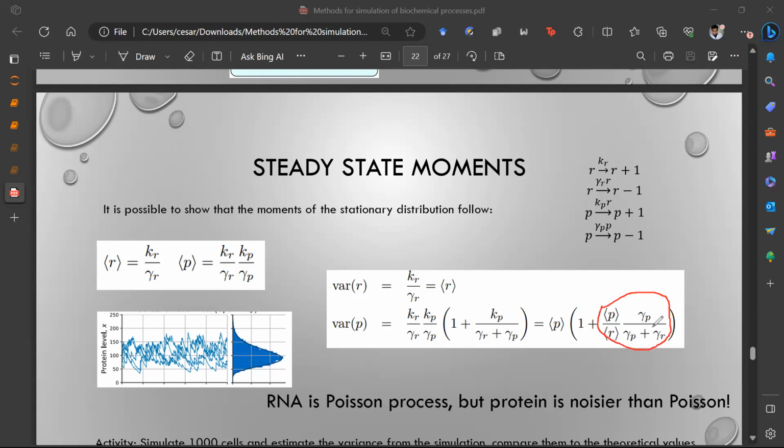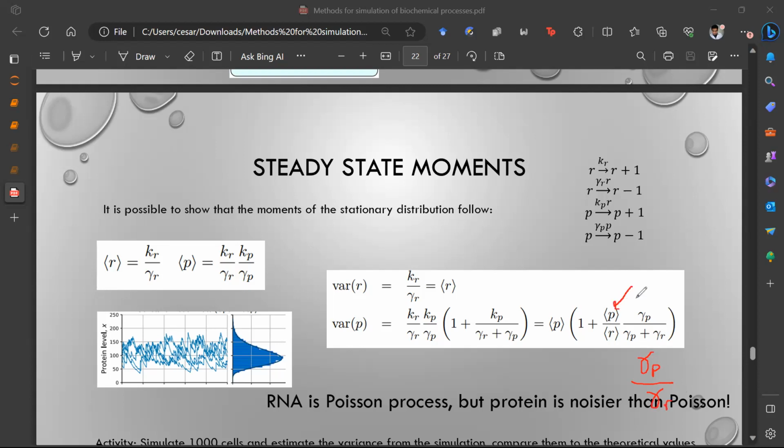Okay, mean P, mean R, and gamma_P over gamma_P plus gamma_R. So we only need the particular lifetimes of proteins and RNA to check how important the noise of RNA is in the noise of the protein. What's the trick here? Usually the RNA is very fast. So this term is approximately gamma_P over gamma_R.